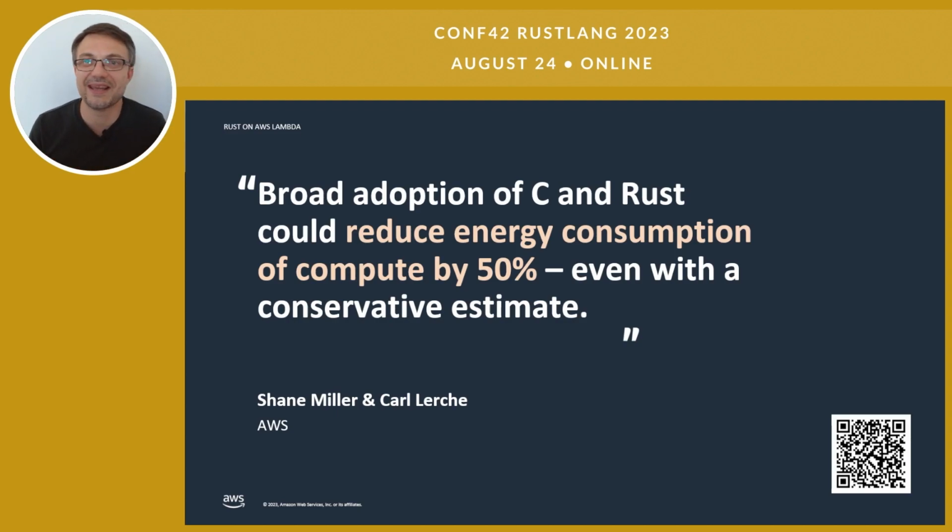So even if you don't use Rust as your language to implement Lambda functions, under the hood, Lambda will already use Rust, and it will already be beneficial in terms of sustainability.